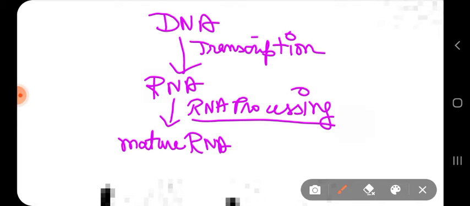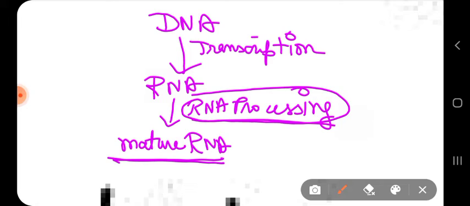By the name, RNA processing means we modify the RNA, we prepare the RNA for the translation process to begin. In RNA processing, the 5 prime cap is added to the 5 prime end of the RNA, done by 3 enzymes.